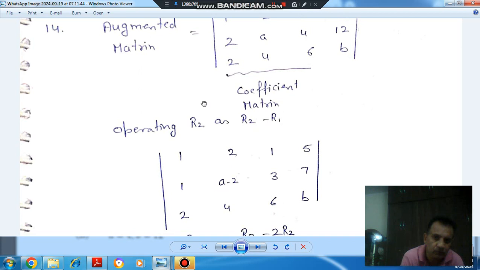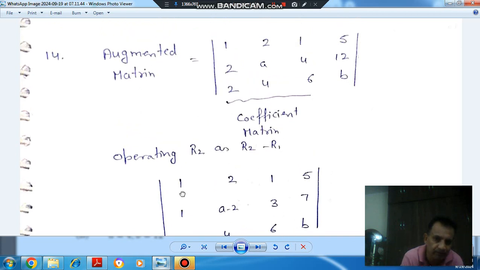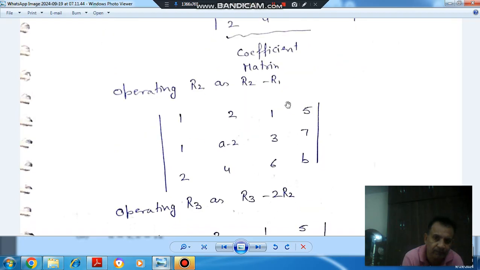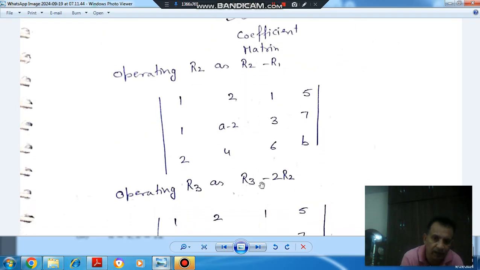So the first operation is R2 minus R1. So 2 minus 1 is 1, a minus 2, 4 minus 1 is 3, 12 minus 5 is 7. The second operation is R3 minus 2R2.